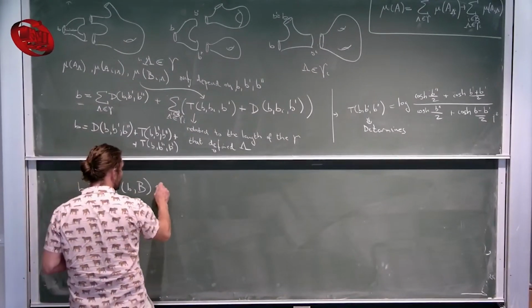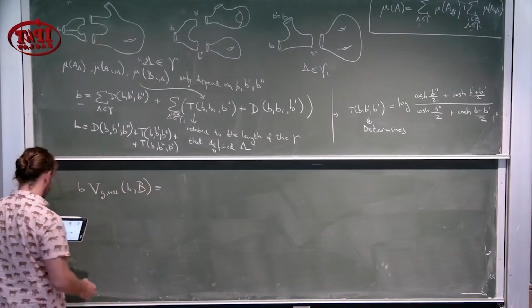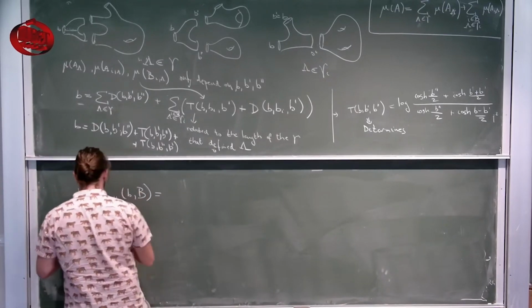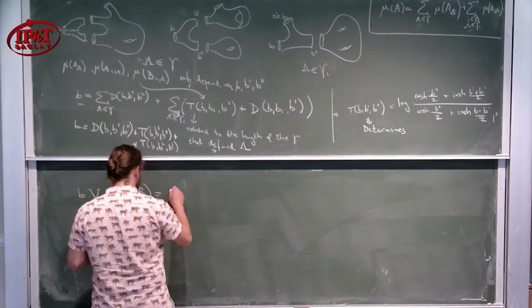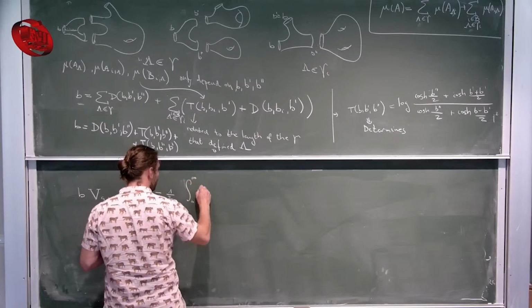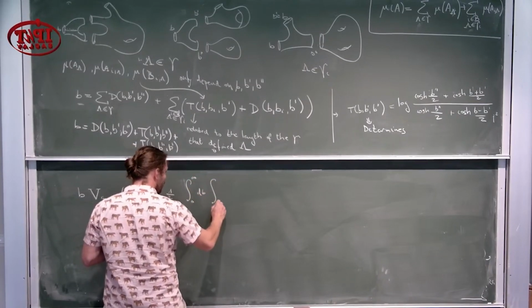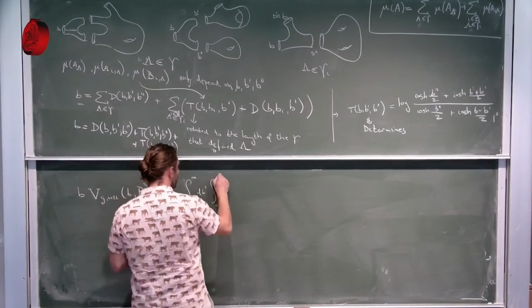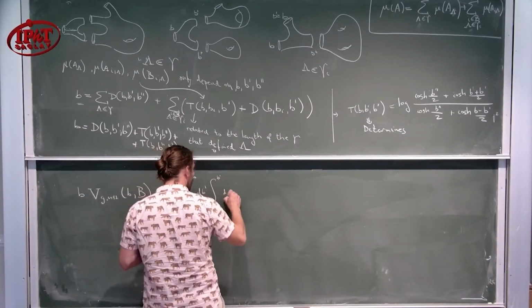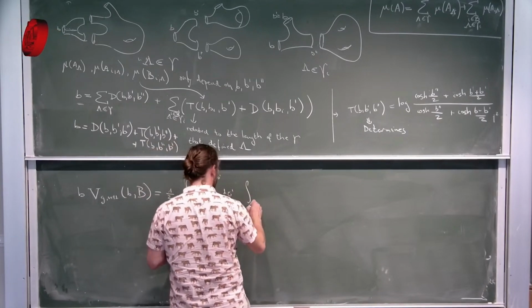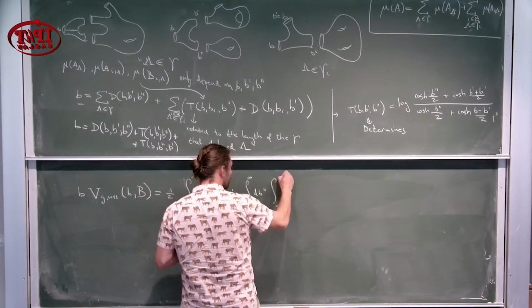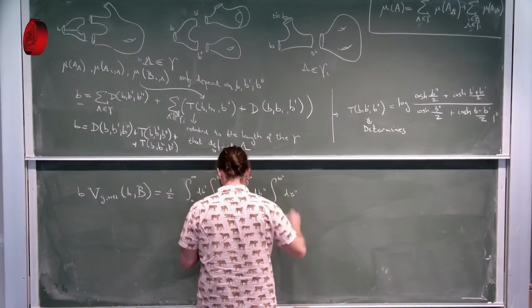Using that, exchanging essentially the sum over geodesics by the mapping class group, we end up with the following. B times V is 1/2 times an integral from 0 to infinity dB, an integral over B prime from 0 to B prime, B tau prime, an integral from 0 to infinity dB double prime, integral from 0 to B double prime, B tau double prime.